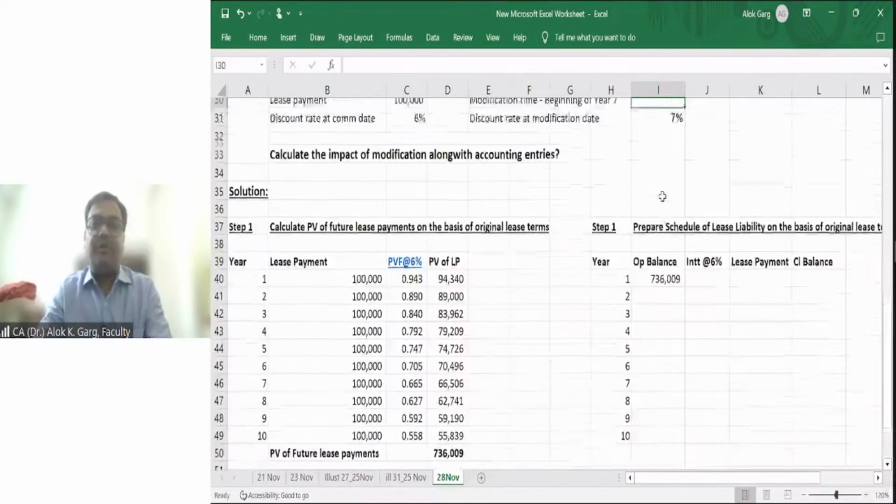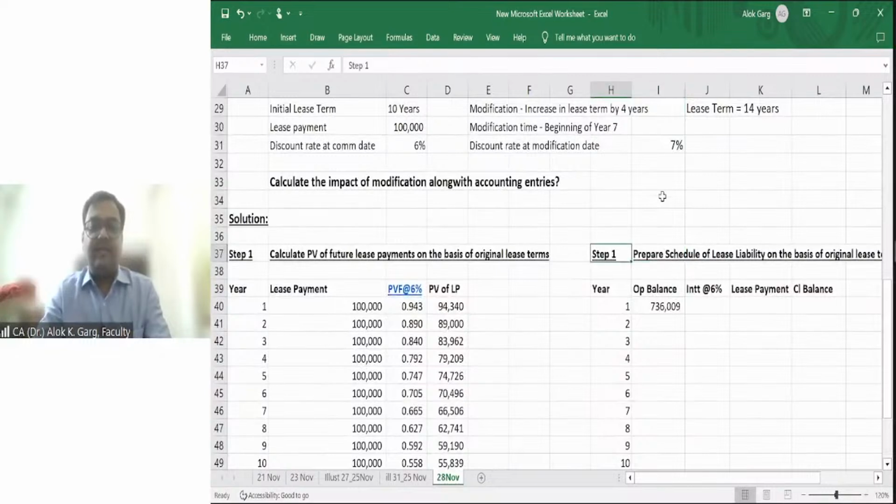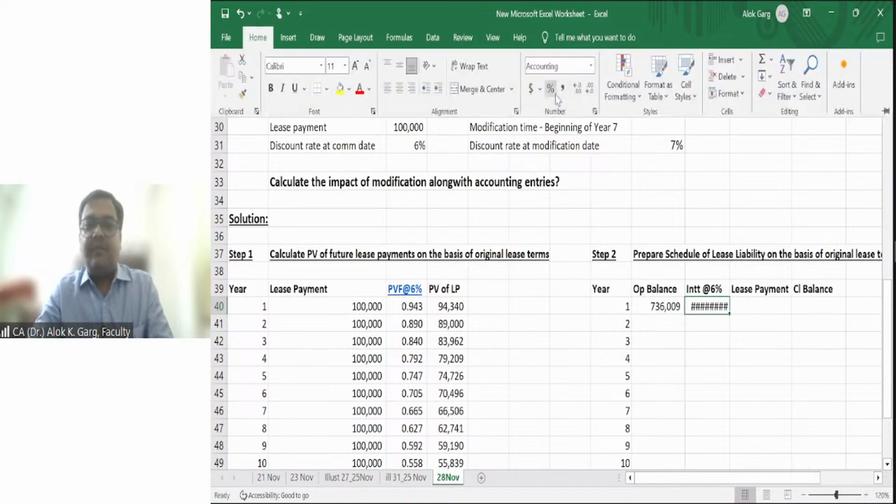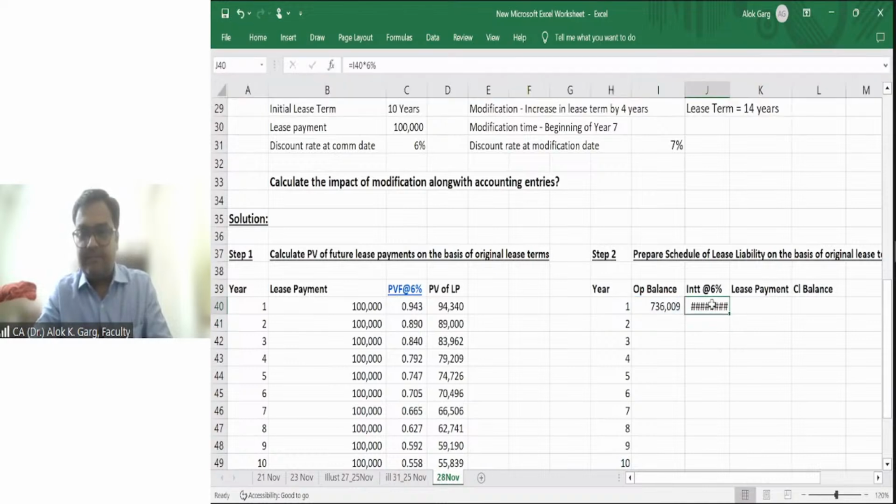Step 1, I have computed ROU and lease liability on the commencement date. Step number 2, I am preparing a lease liability schedule. What is my interest at the rate of 6%? This multiplied by 6%.